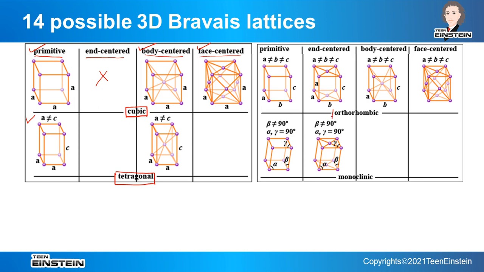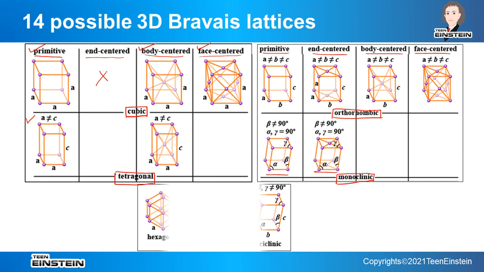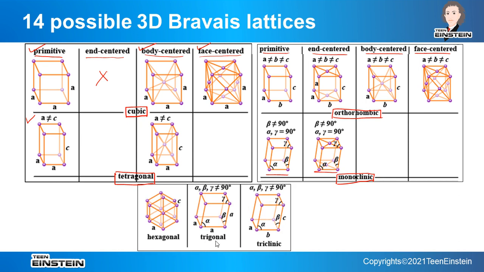Under orthorhombic, total 4 types: primitive, end centered, body centered, face centered. Under monoclinic, 2 types: primitive, end centered. And for hexagonal, trigonal, triclinic. So this trigonal, that is also known as rhombohedral.